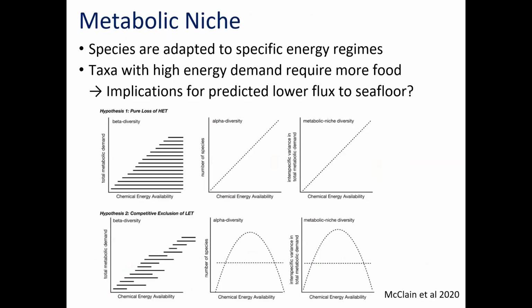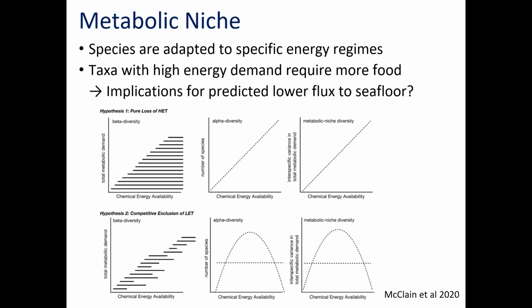This paper is written in the context of the deep sea, where predictions have been made that the amount of flux is going to change through time with warming and climate change. I think the same idea applies in my region, where the same predictions are made that we're going to see changes in either the quantity of flux or the nature of that material that's fluxing to the seafloor. So the energy availability is predicted to change going forward.